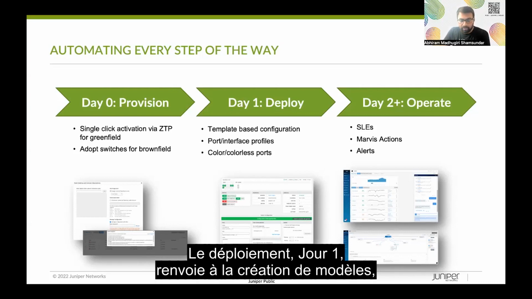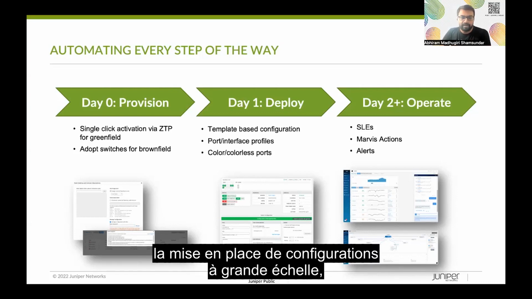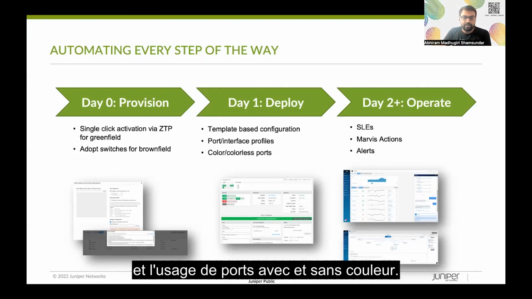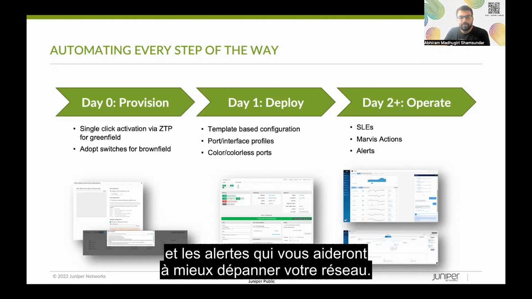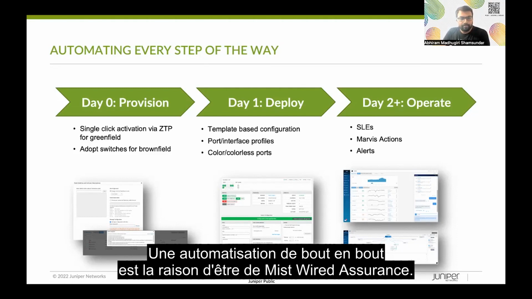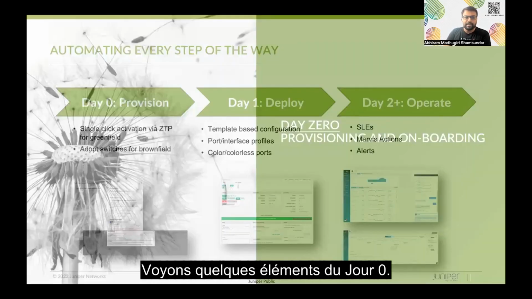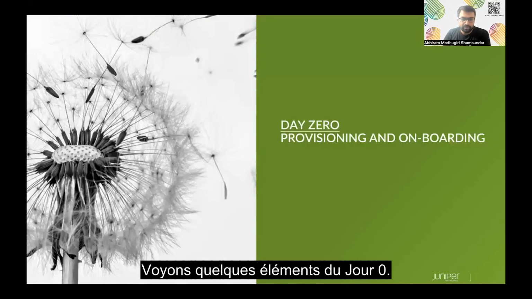Day one is deployment, talking about templatization and how you encompass configuration at large scale, including the usage of colored and colorless ports. In day two, we'll focus on SLEs, Marvis actions, and alerting, which will help you troubleshoot your network better overall. Automation in every step of the way was the goal for the origin of Mist Wired Assurance.